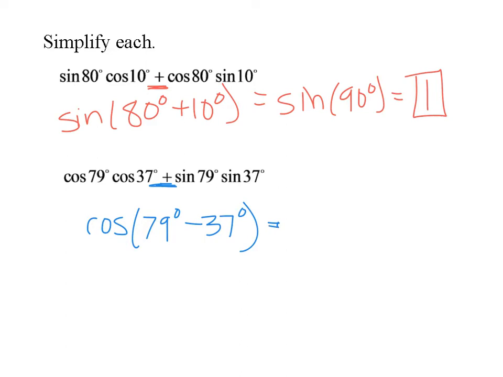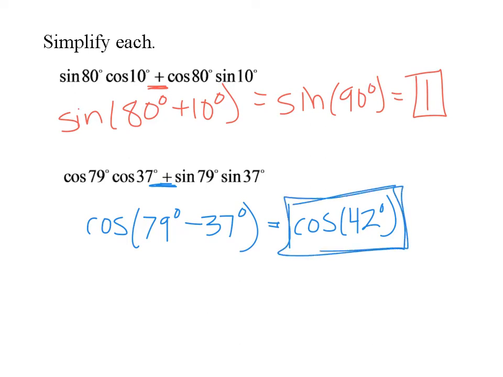Okay, then we carry that out. 79 minus 37 is 42. And 42 degrees isn't on our unit circle, so we can just leave it as cosine of 42 degrees.